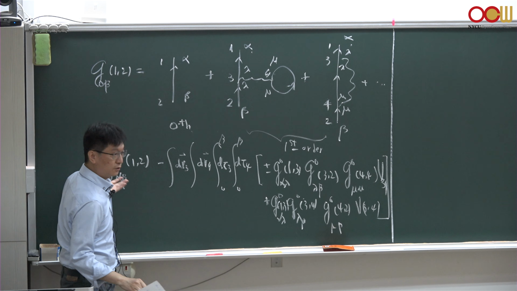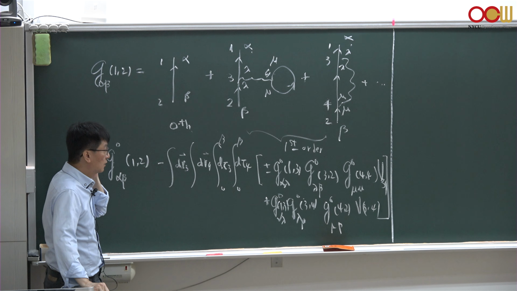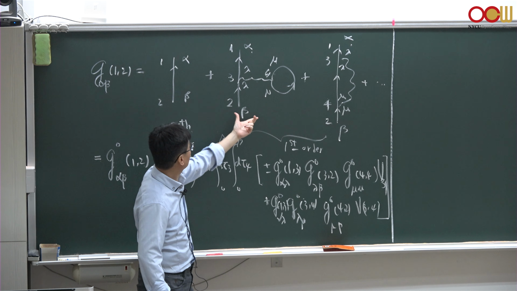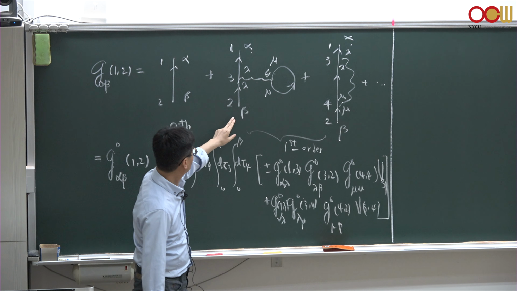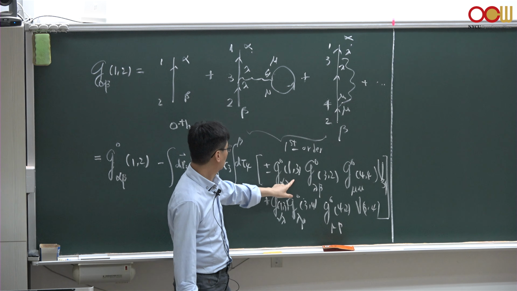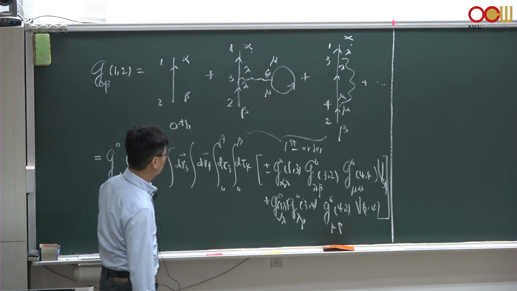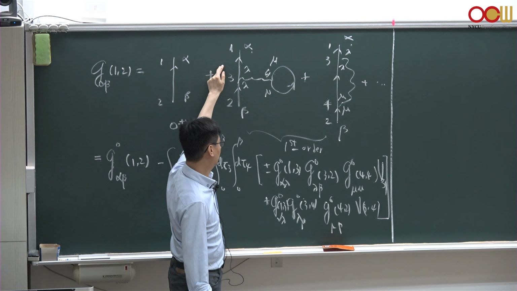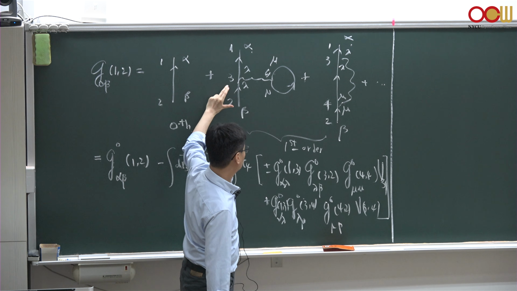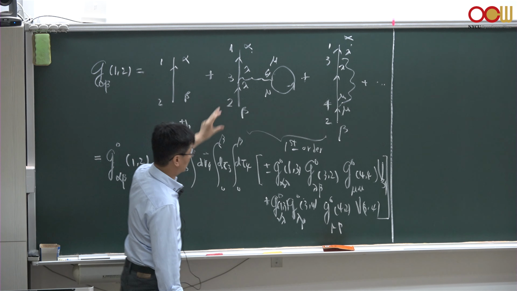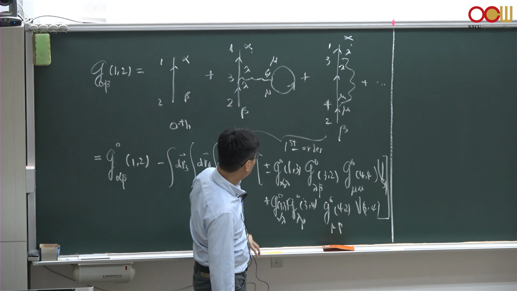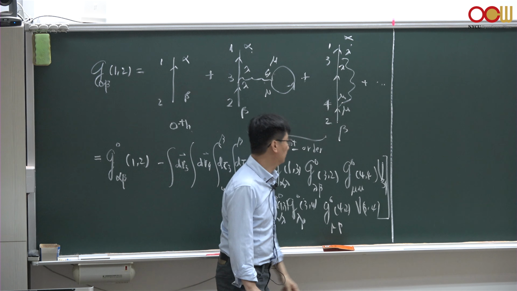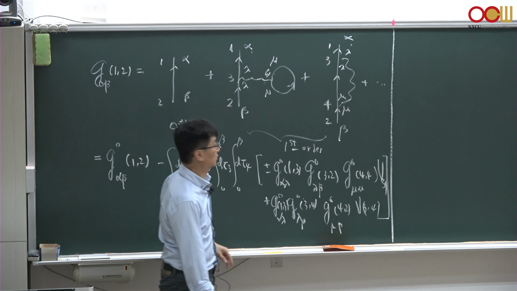Let's look at this integrand expression for this diagram. The first term is simply G0, 1, 2, and let's look at the second and third terms. The second diagram corresponds to this expression here, where we have G0, 1, 3, which is this propagator, and G0, 3, 2, which is the second half of this solid line propagator, and a wavy line which connects points 3 and 4, which is V34, the interaction strength.